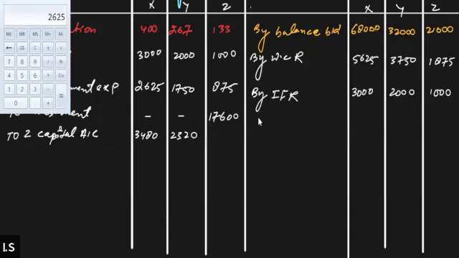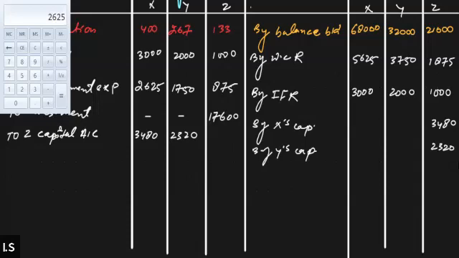And on the other side, we'll write down in the Z capital account 3480 and 2320. This one is for X, by X capital account, by Y capital account. Got it? Is this clear? Yes, sir. All right, so I think everything is done here.